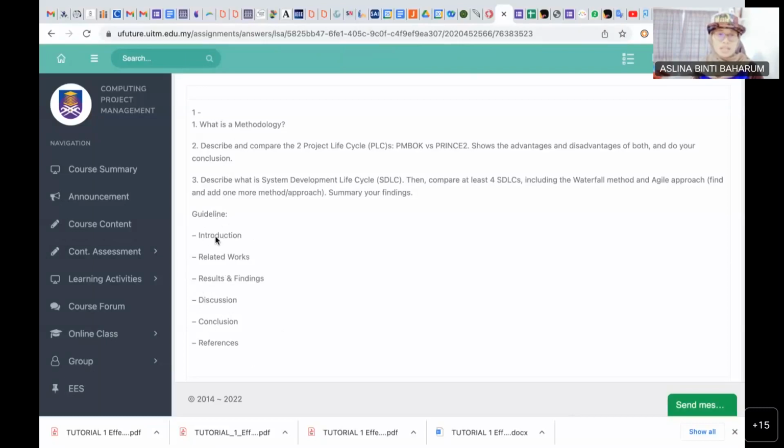So the introduction is, of course, pengenalan kan. So in the intro, what is methodology, what is project life cycle, what is system development life cycle in general. Related works is all the literature review. All the works that adopt the project life cycle, either project life cycle or SDLC.